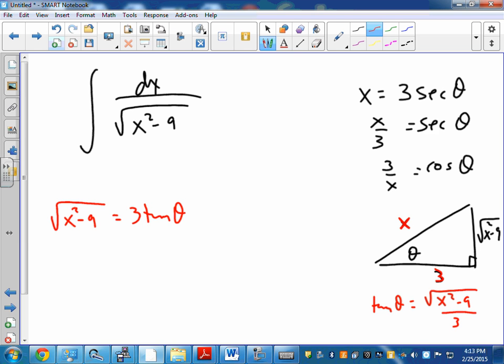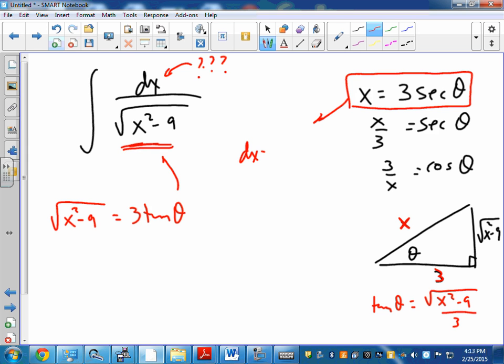How about the dx? Because we've got to replace all of these. Now the question is, what is the dx? To do that, you need to go to what x is. If x is 3 secant theta, then dx is going to be 3 times the derivative of secant, which is secant tangent. Remember your derivative rules. Okay, so that's going to take care of the top.